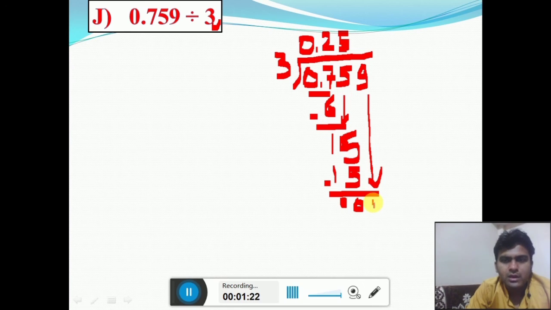Now 9. So read the table of 3. 3 1s are 3, 3 3s are 9. So write down 3 in the quotient, here 3 and here 9, and then subtract. Nothing is left, 0.